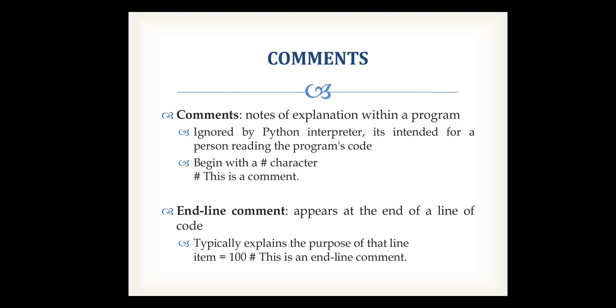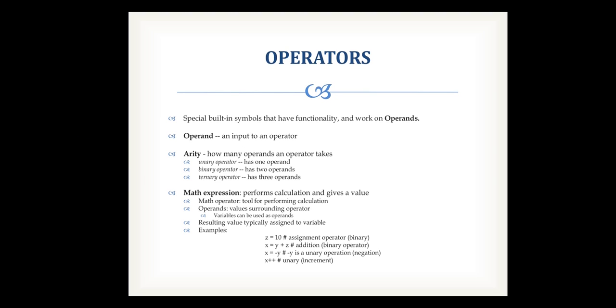This is a comment. Next is end line comment. It appears at the end of the line of code and typically explains the purpose of that line. Item 100. This is an end line comment.